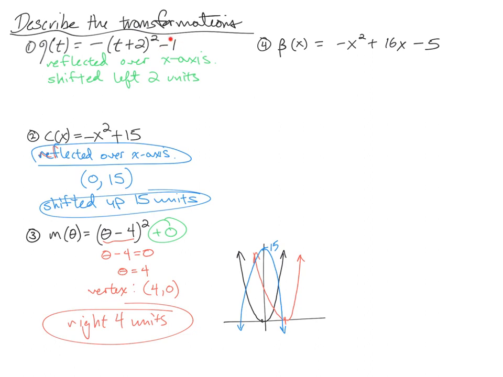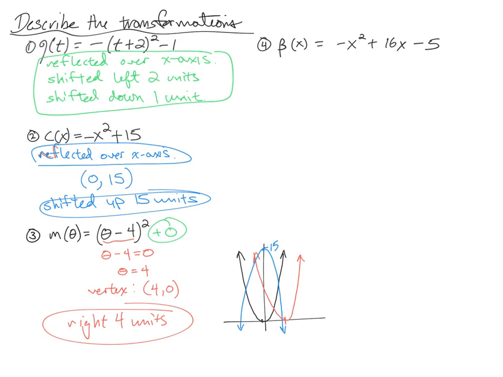So instead of going up, if we have a negative number outside, this would shift down. Shifted down 1 unit. So these are the transformations that were done to get this equation, or this function.